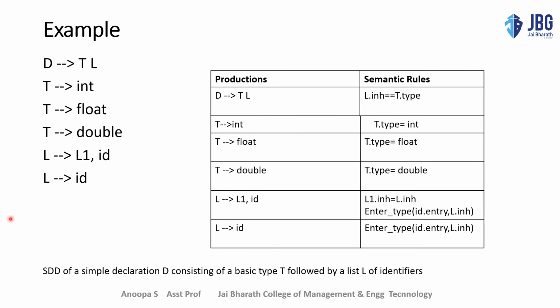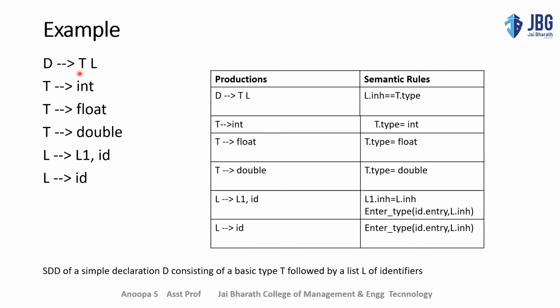This is a set of grammar, and this grammar specifies a declaration. D giving TL, so T is the data type and L is the attribute. If I am giving int A, it is the grammar described here.